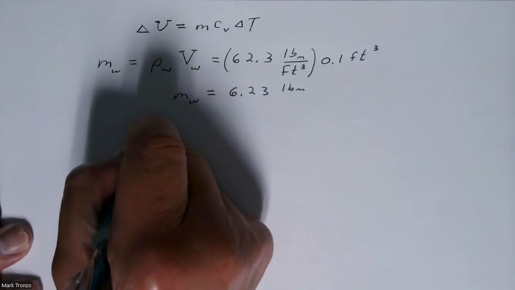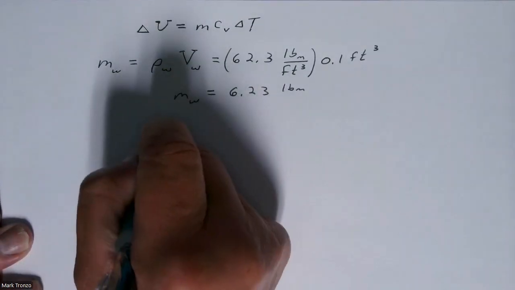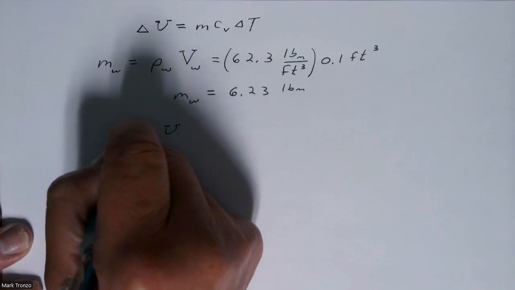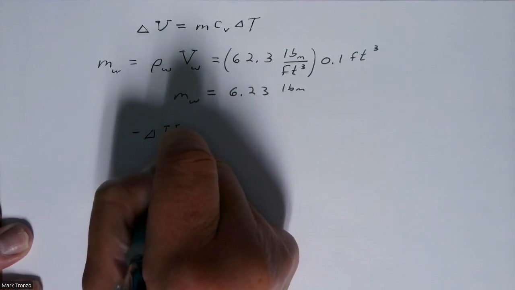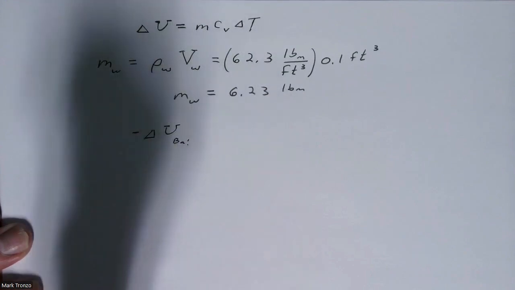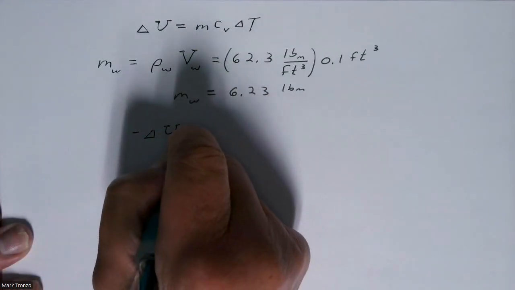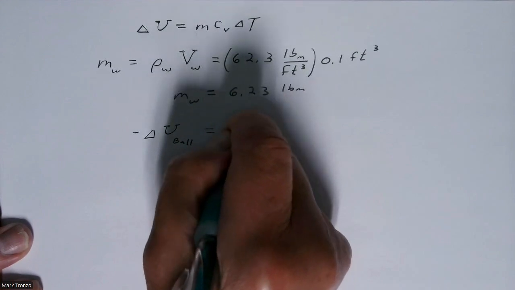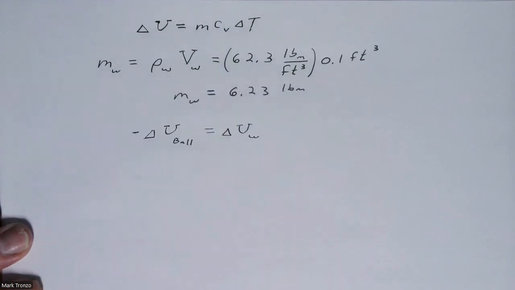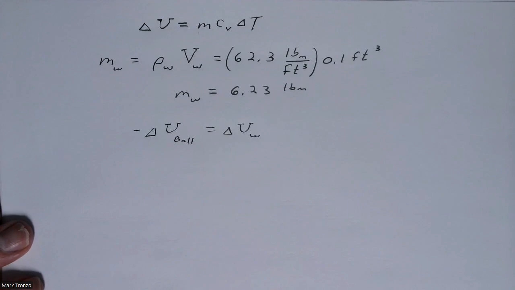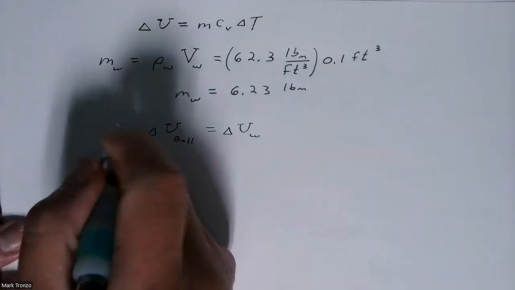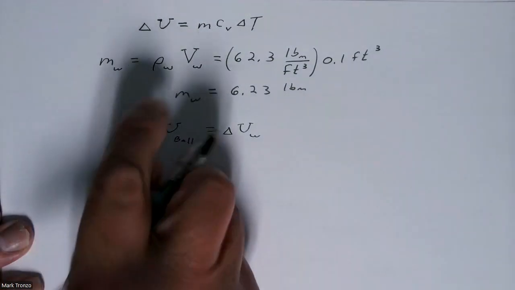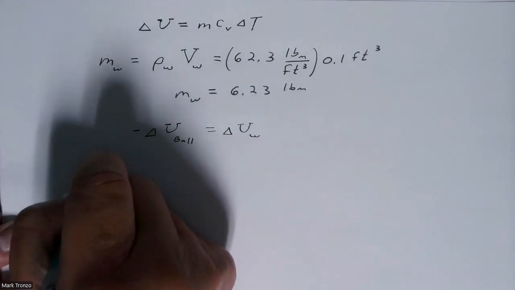And now, whatever heat the ball gives up, the water is going to retain. So we can set this delta U for the ball equal to delta U for the water. Let me write it here first.